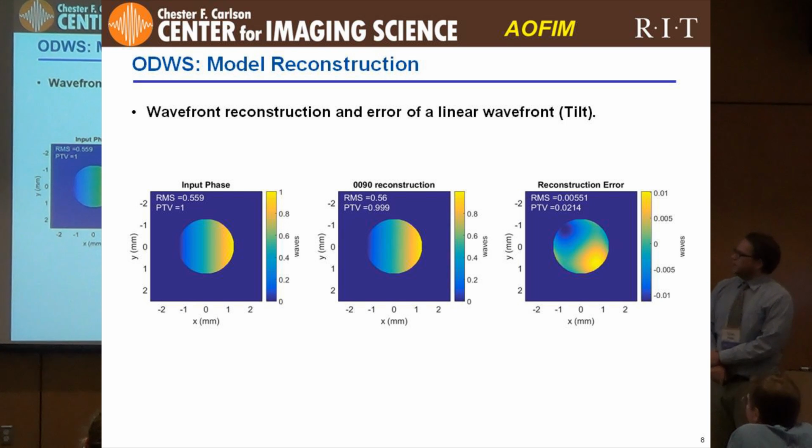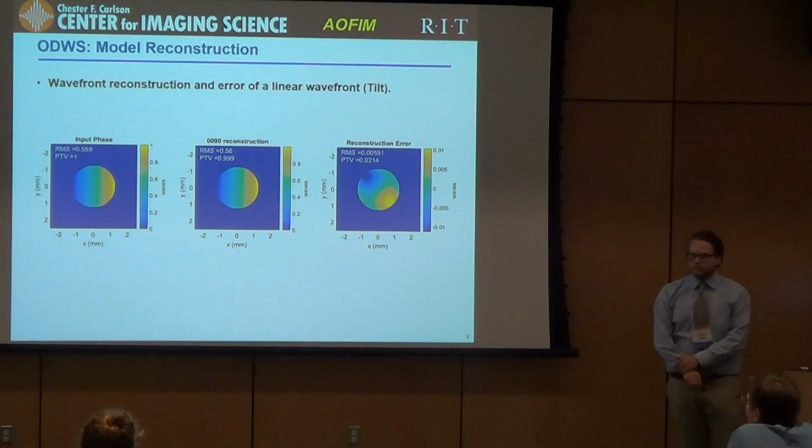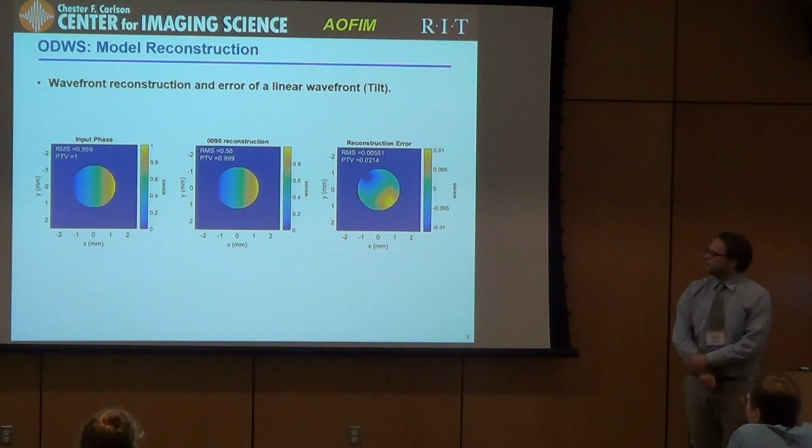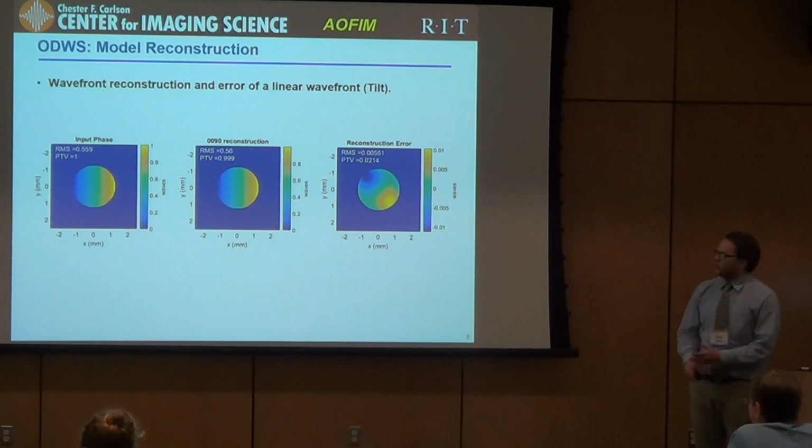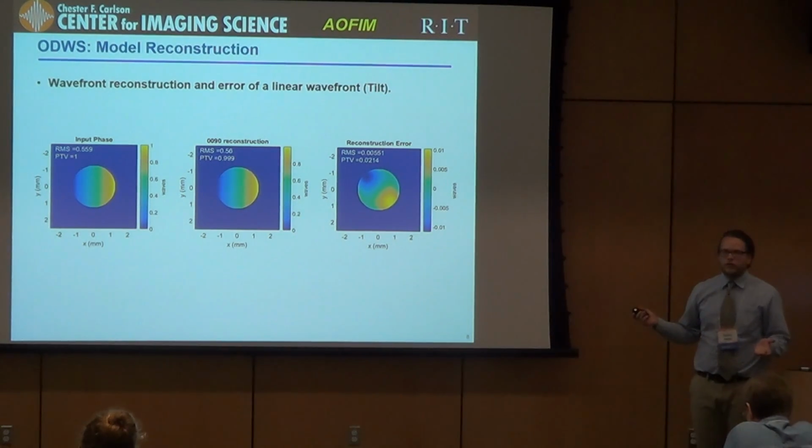So just putting in a theoretical tilted wavefront, and using my model using a DX DY filter. That's what the 0 degree, 90 degree reconstruction means. So we started off with one wave of peak to valley within our defined pupil. RMS is just a measure of wavefront curvature.